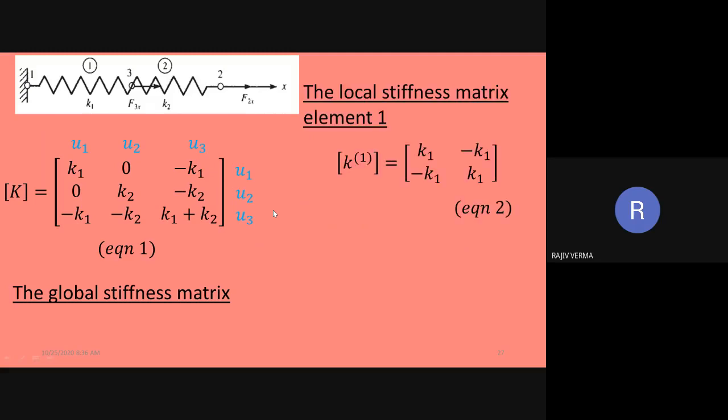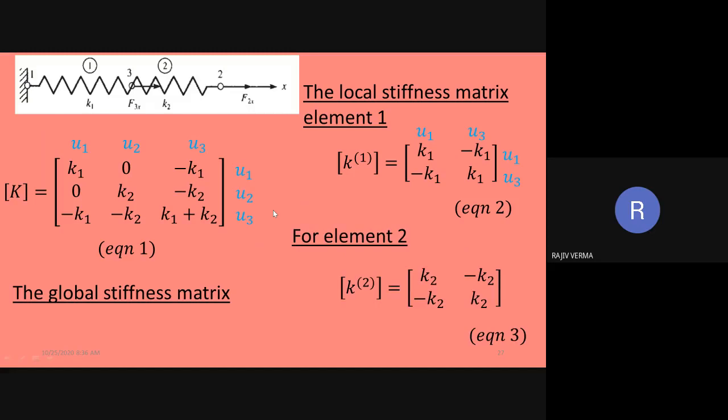Similar to this, we have the local stiffness matrix for element number 1, and we have written the corresponding degrees of freedom. This is in equation number 2. And for element number 2, we have equation number 3 with the corresponding degrees of freedom.